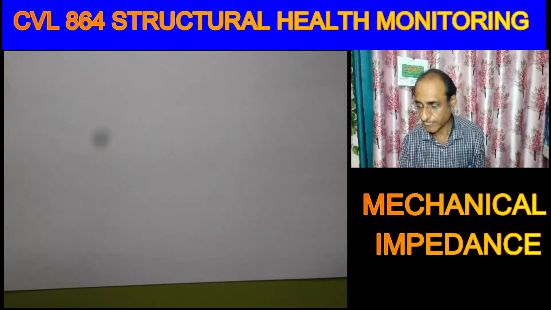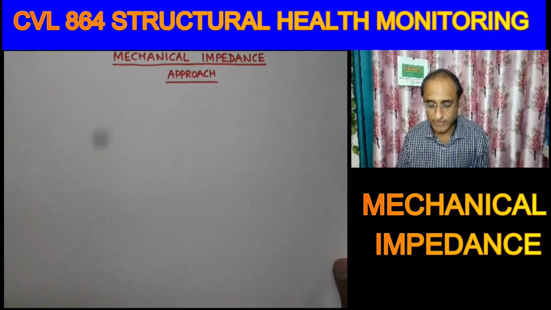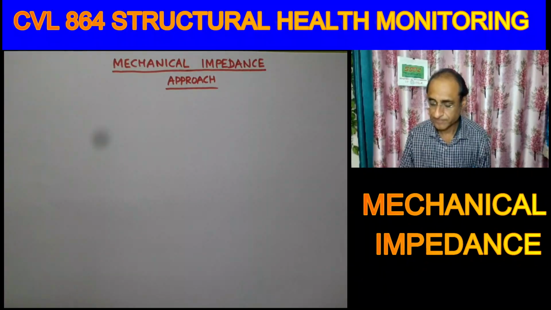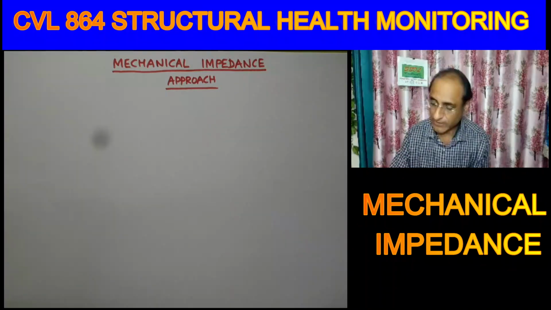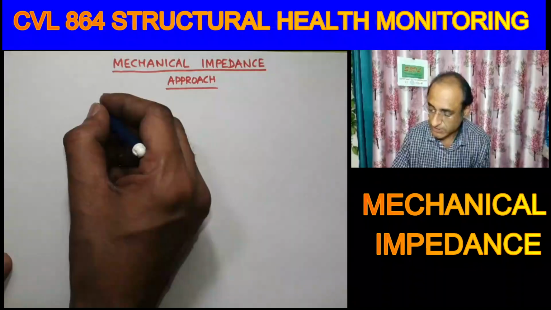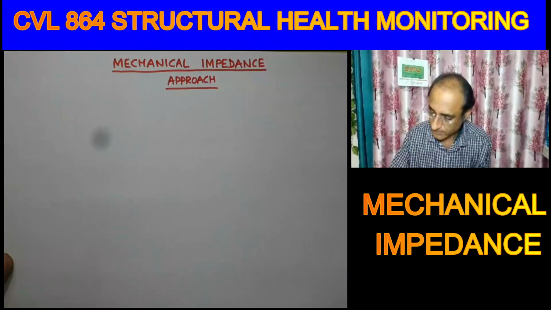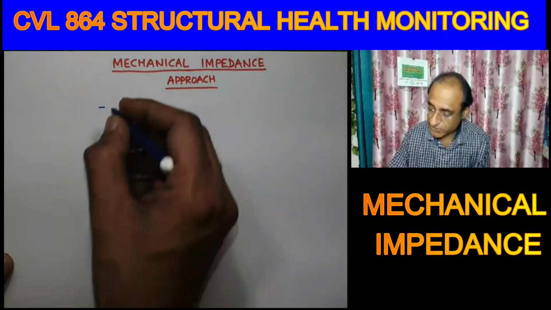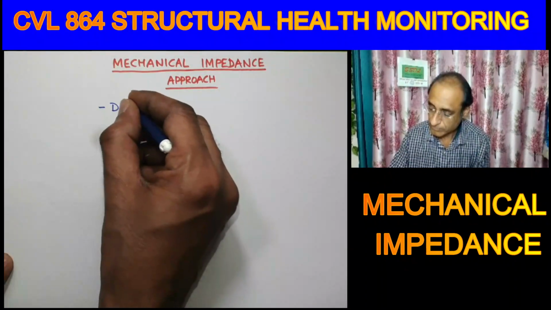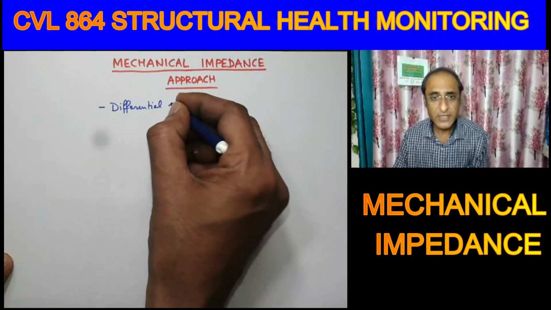Right? Yeah. So let's now introduce the mechanical impedance approach. So the mechanical impedance approach simplifies. Why are we introducing the mechanical impedance approach? Because in the EMI technique it does a lot of simplification. It simplifies the mathematics.